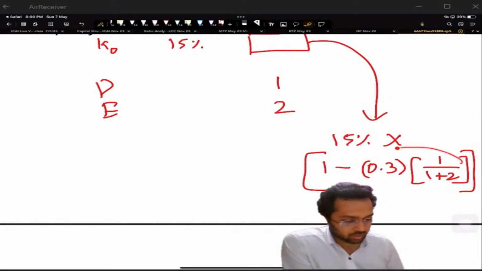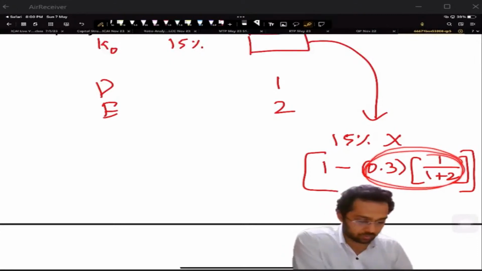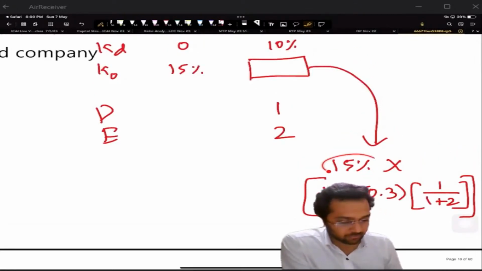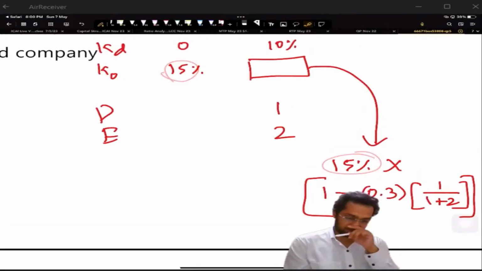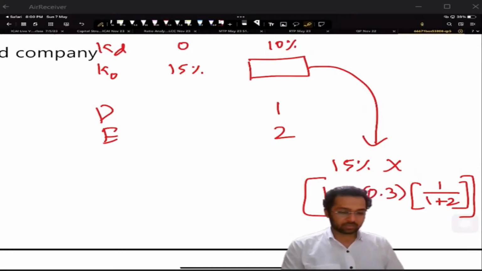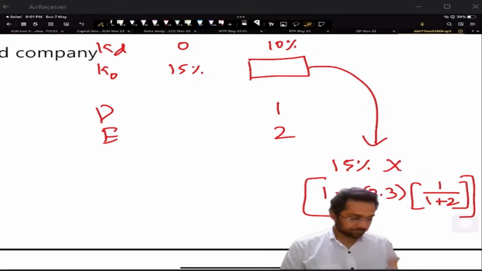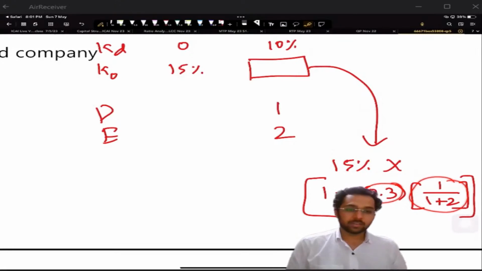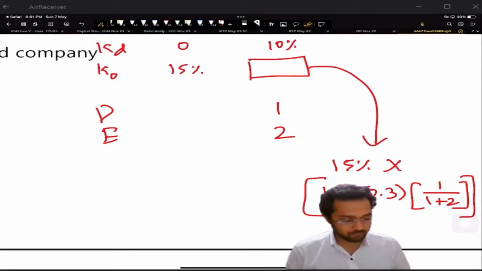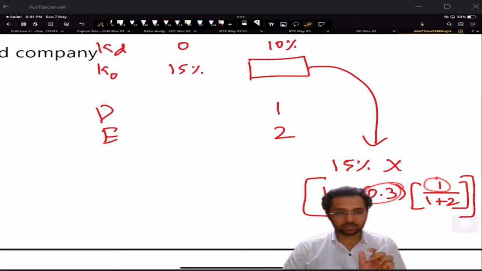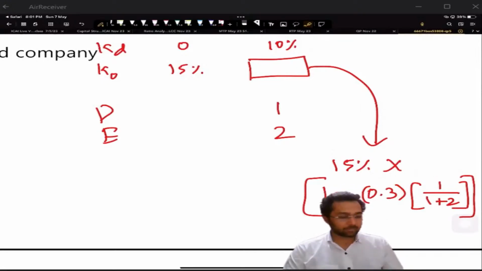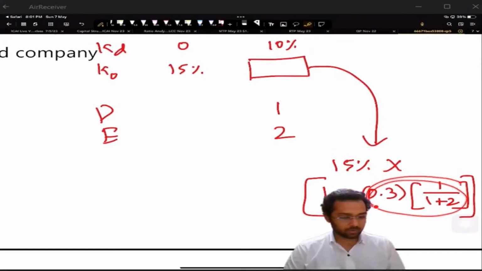This is the total benefit the company is going to have, because here we are taking 15% to be the overall cost of capital. That tax benefit is shared by all the fund providers.